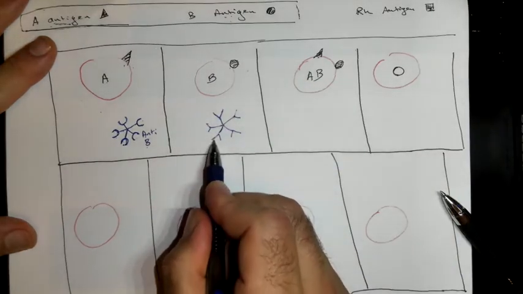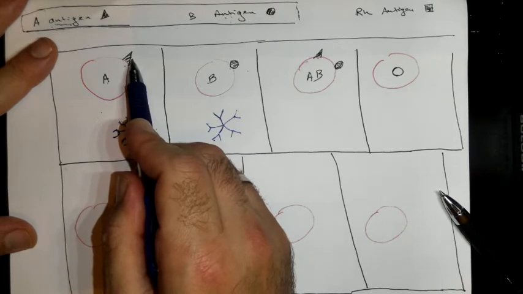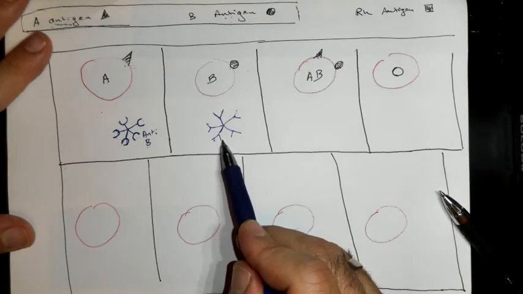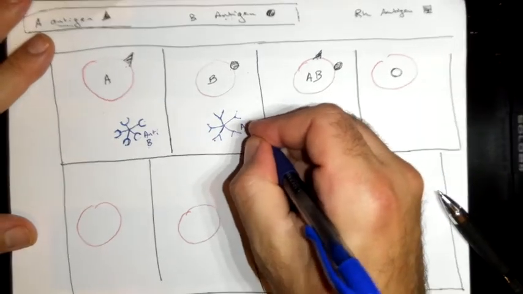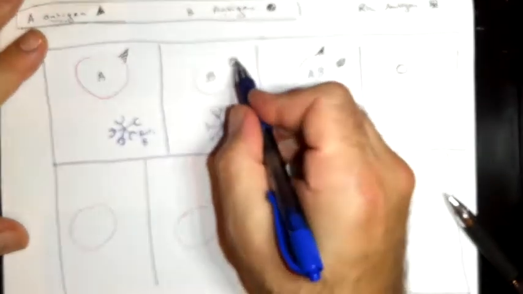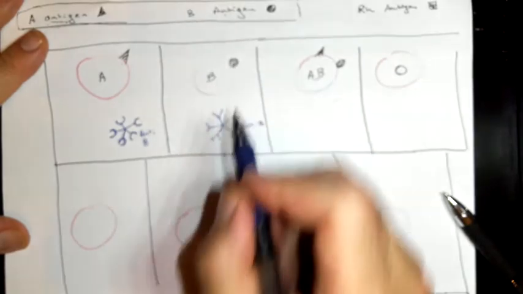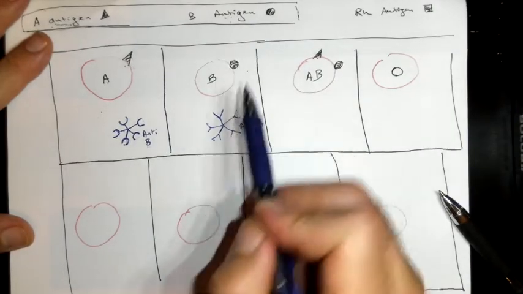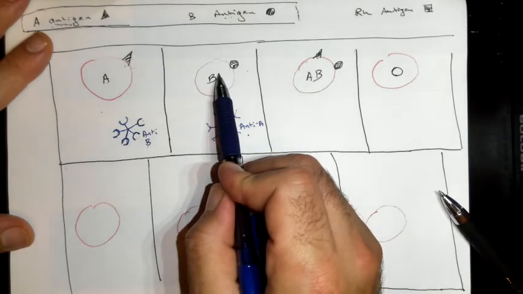And of course, this triangle sticky end would match the A antigen, but for this type B blood person, this is good because this anti-A antibody will never attack this circularly shaped antigen, which means that this person's plasma will never attack this person's red blood cells, which is what we want.